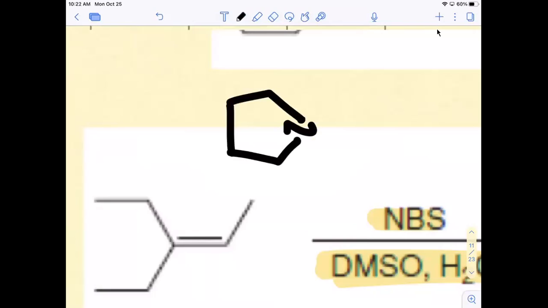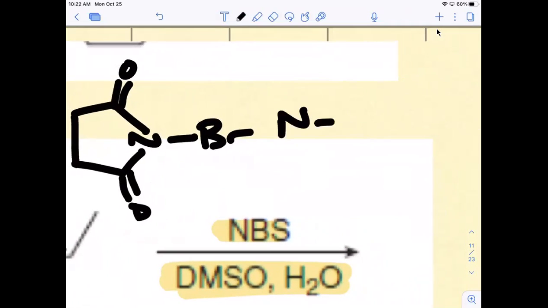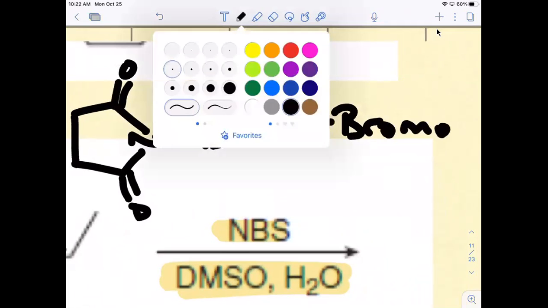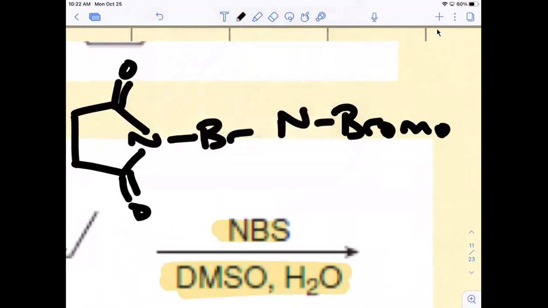So it's a 5-member ring with a nitrogen. It has a bromine attached to nitrogen, like so. So NBS is N-bromosuccinimide.